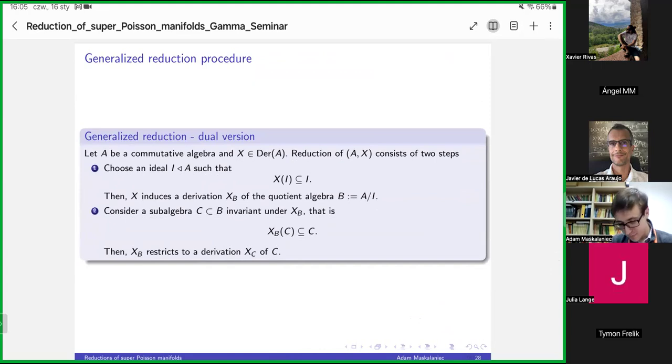So a big part of this paper also involves non-commutative geometry, but it doesn't say anything about algebraic geometry or supergeometry. But it is very general and very powerful.